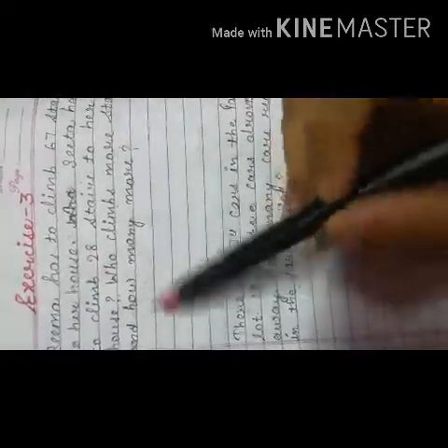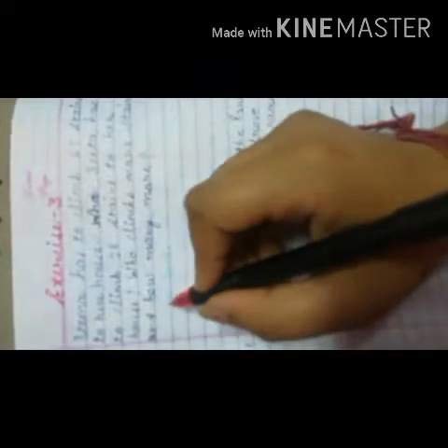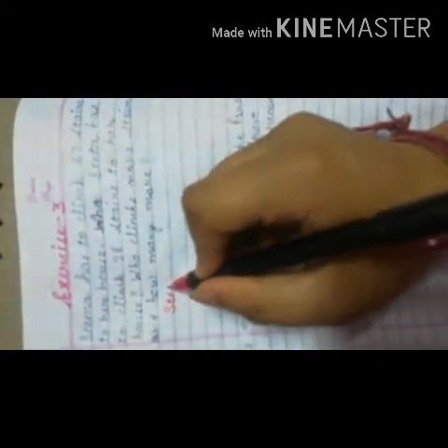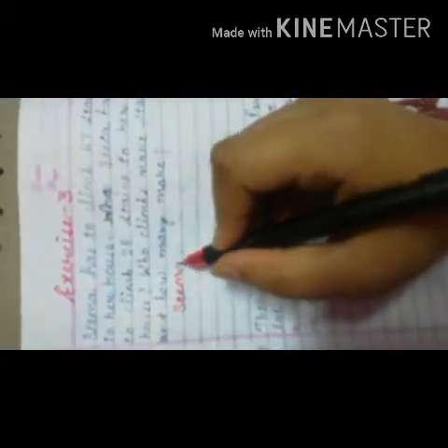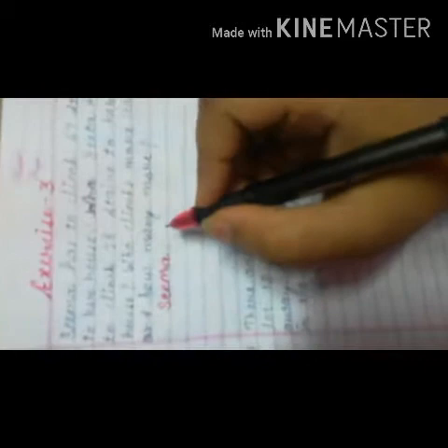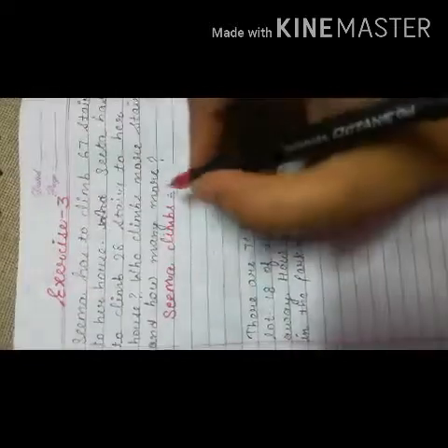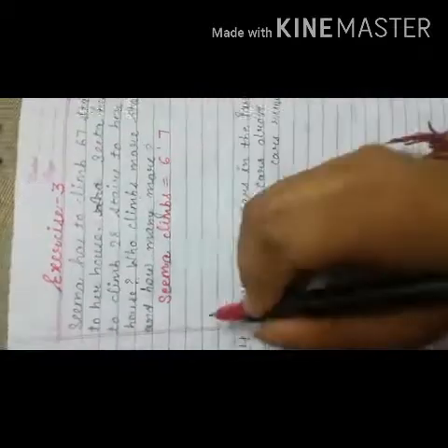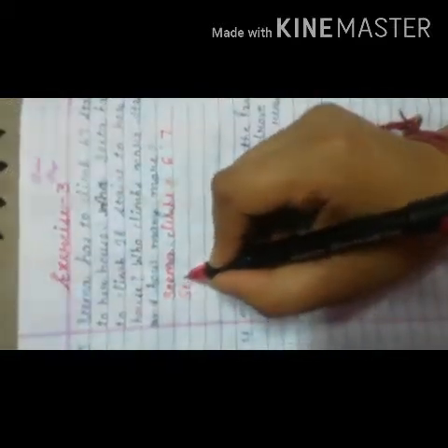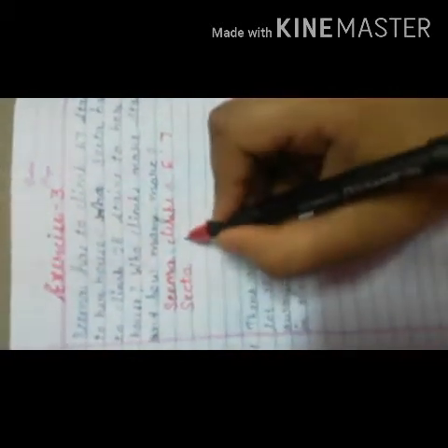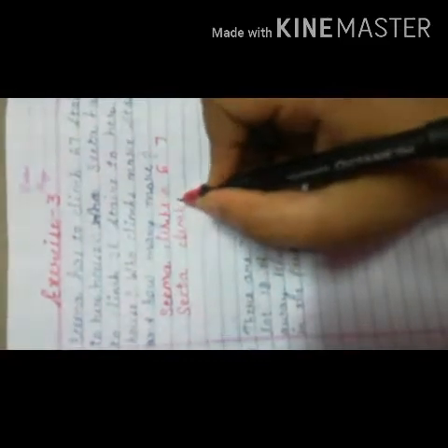अब सीमा ने ज़्यादा की है, बट कितनी ज़्यादा की है. So again we will write down the statement. Seema climbs 67 and Sita climbs 28.